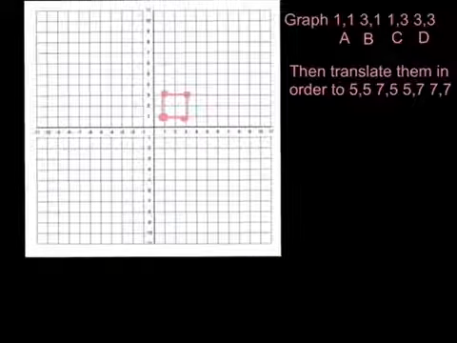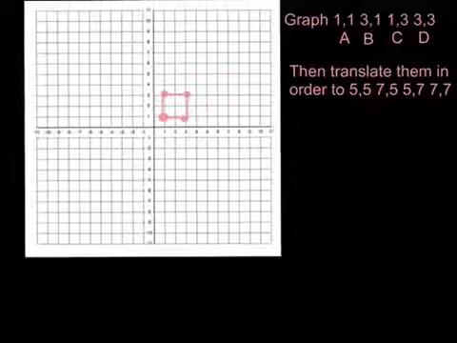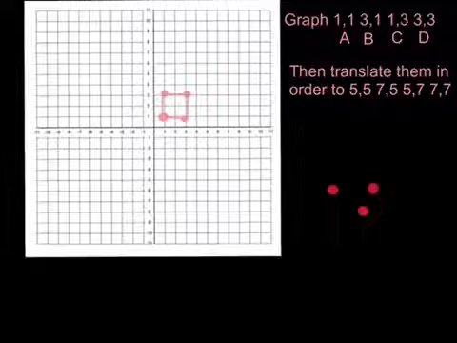And then finally, we're going to translate them. So we're going to move this into a different spot. Okay.